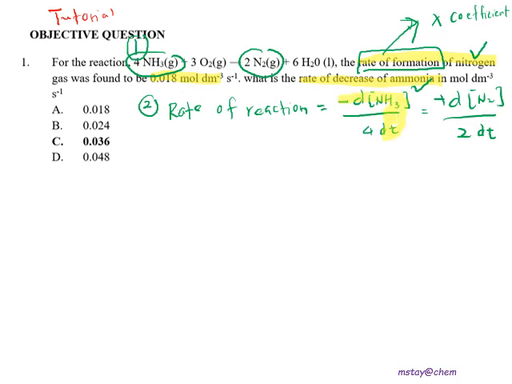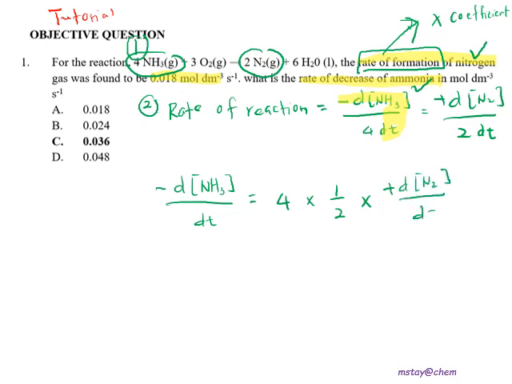So you are going to move to the other side. Negative d concentration NH3 over dt is equal to 4 times 1 over 2 and then multiply with positive d concentration N2 over dt.